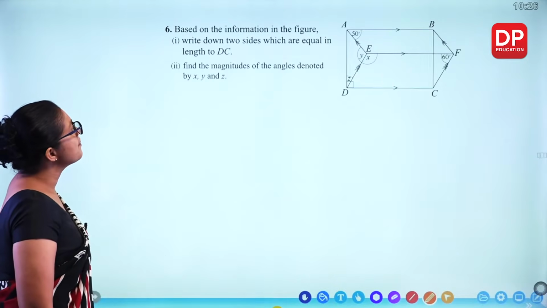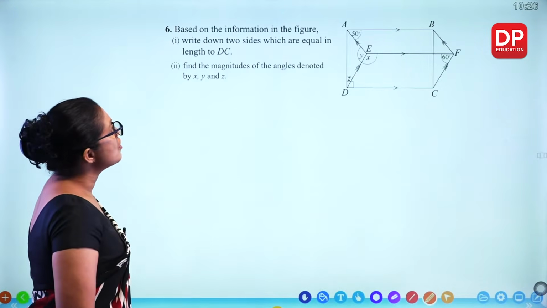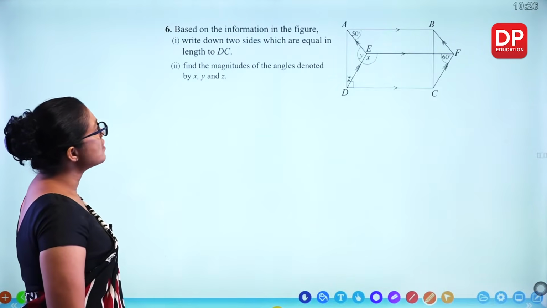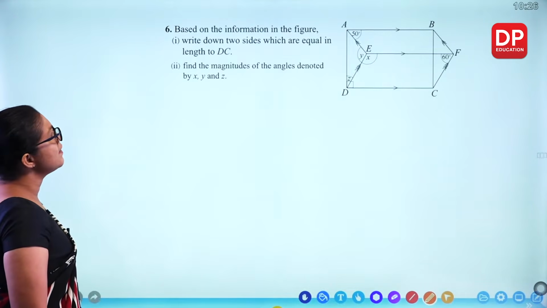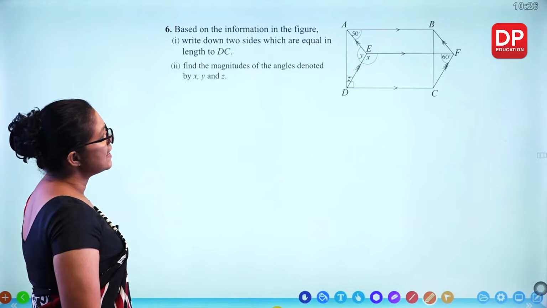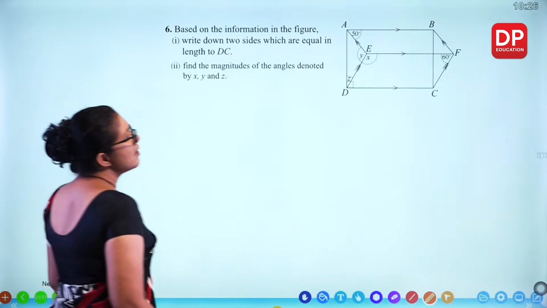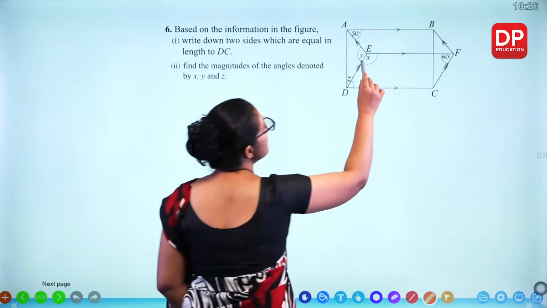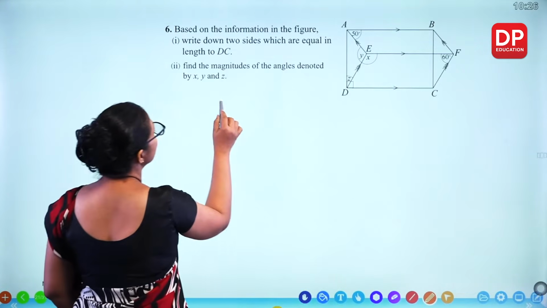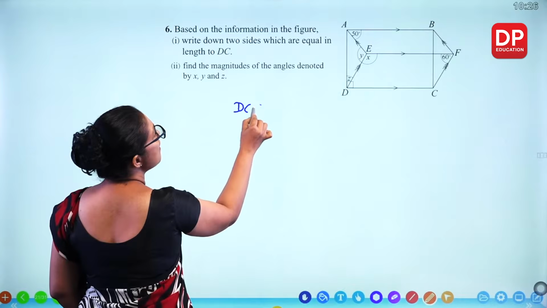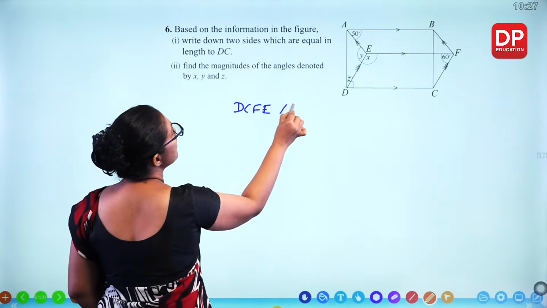Question number 6. Based on the information in the figure, write down two sides which are equal in length to DC. DC is this one. What's given here? This is a parallelogram. DCFE is a parallelogram.